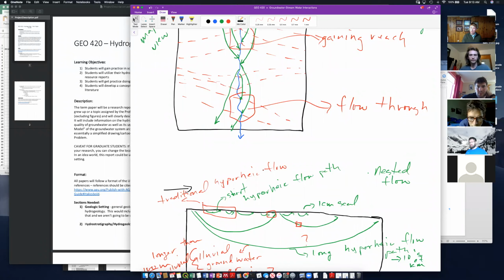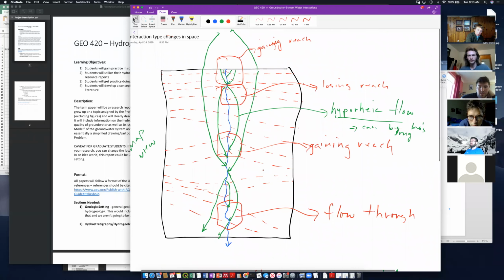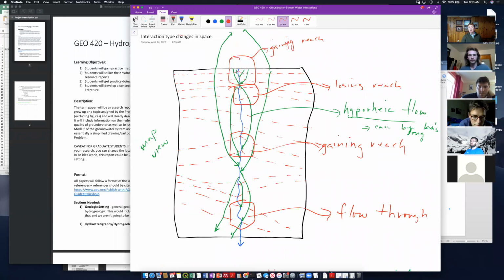So what is a gaining reach in August may be a losing reach in May. I would say that the traditional view of groundwater stream water interactions has been very static: we have a gaining reach or we have a losing reach. And I would say the future is thinking about how dynamic these changes are and what that diversity, both in space and time, means for the functioning of the river.